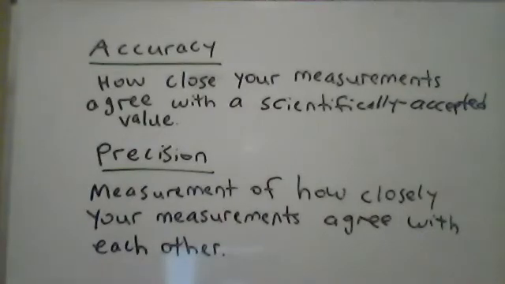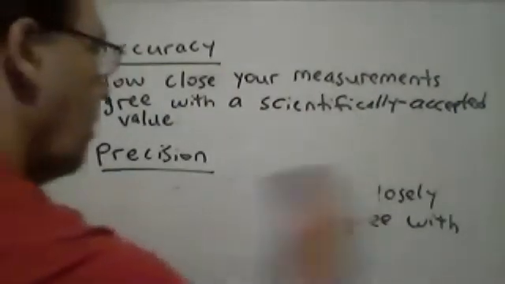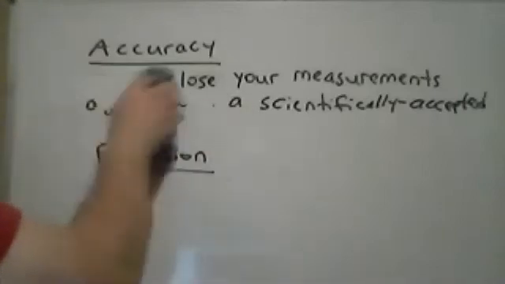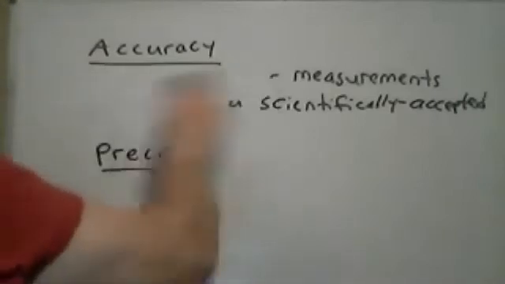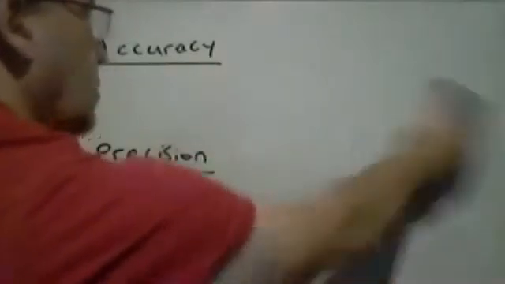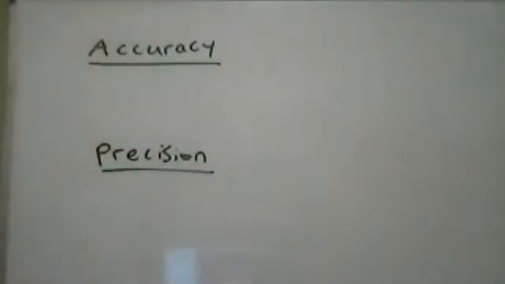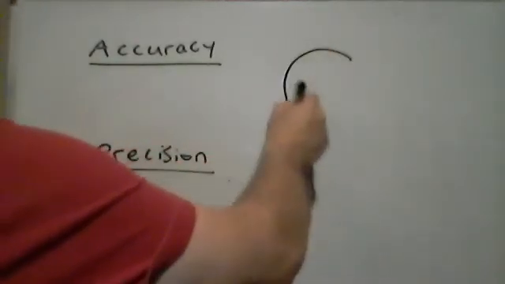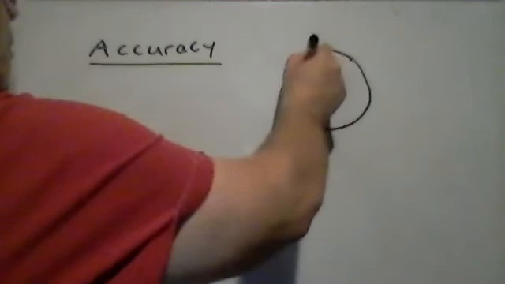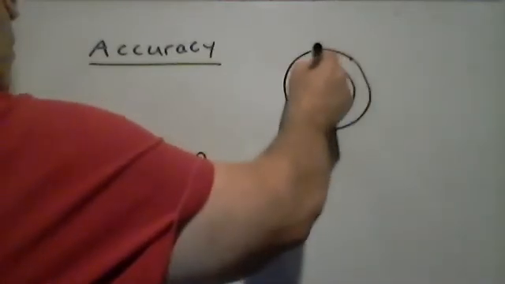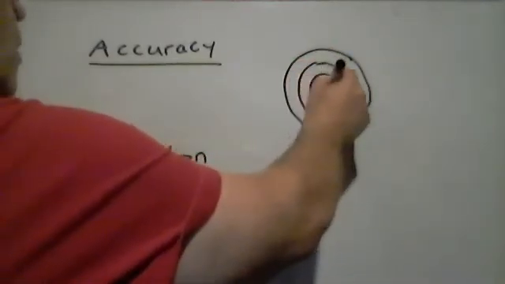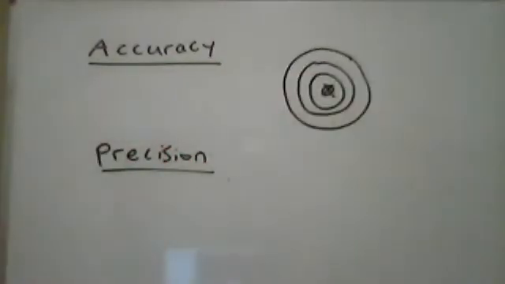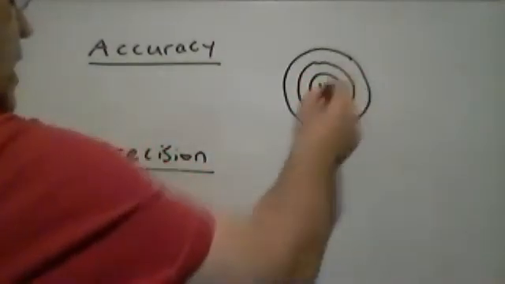So I always like to draw a little bullseye. I'm going to erase these words here and write this as a picture. If I'm playing darts and my object is to get the center of the bullseye, I would be accurate if I was getting my darts right along in here.